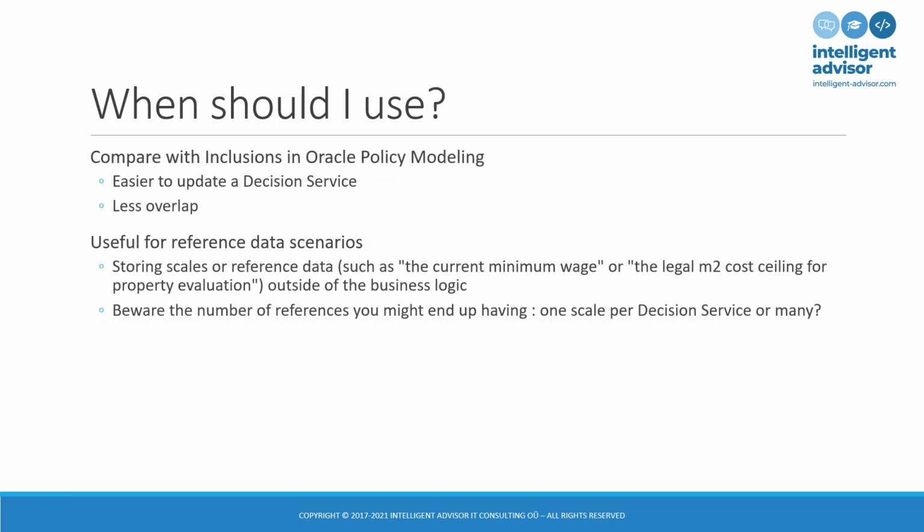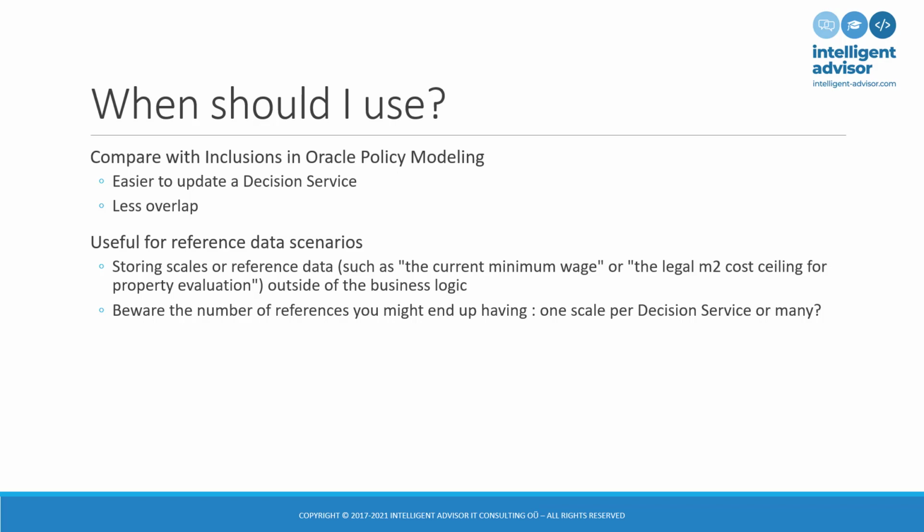While you're at it, I would strongly recommend that you go back and consider the differences with inclusions. What are the advantages of inclusions in terms of easier management, in terms of complete version history within the Oracle Policy Modeling project versus using a decision service through a reference? And I've said this several times, but I'll say it again.